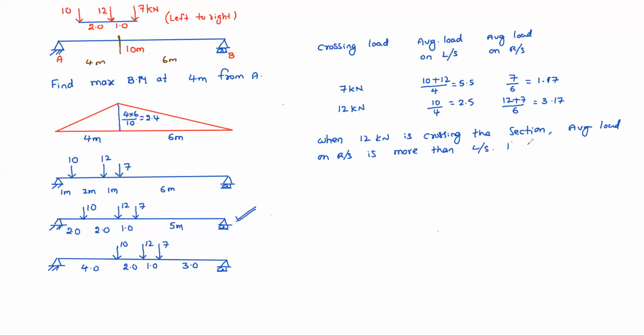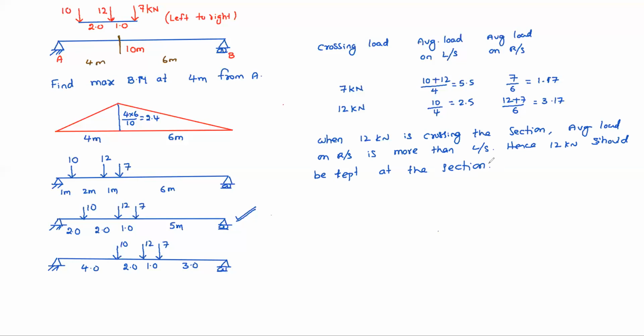Hence, 12 kilonewtons should be kept at the section. So 12 kilonewtons is the deciding load.